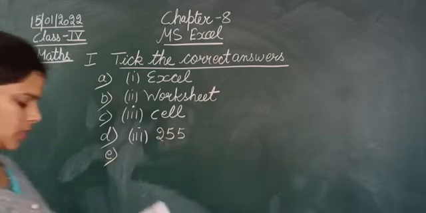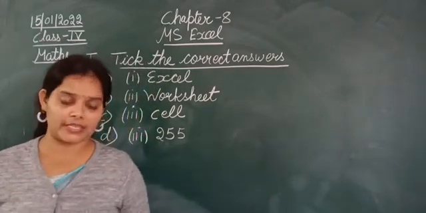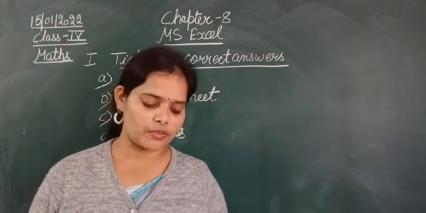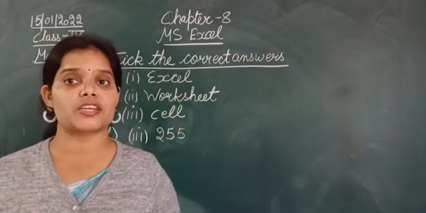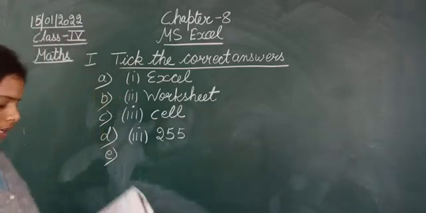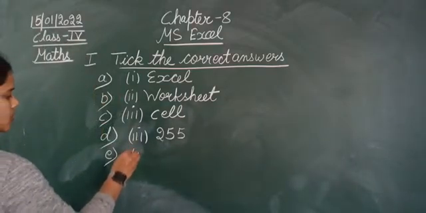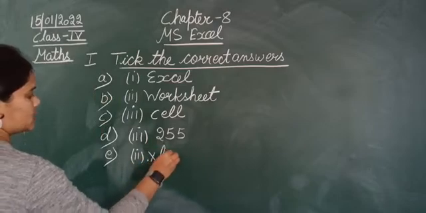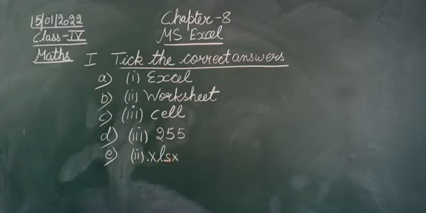The E1, the extension of an Excel file is. When we save an Excel file, it saves in the form of .xlsx. So write down option number 2, .xlsx. This is the extension of an Excel file.